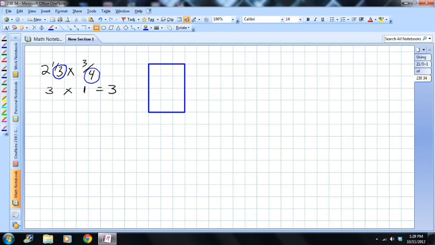Oops, I did that backwards. Let me back up one second. I want 3 units tall and 4 units wide. Three units tall, 4 units wide. 3 units tall, 4 units wide.